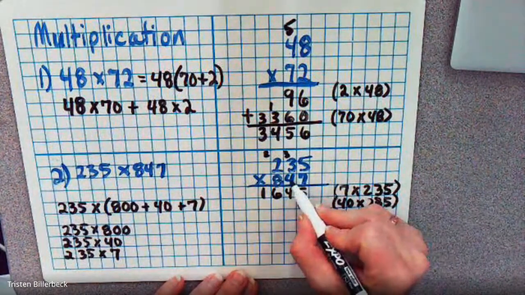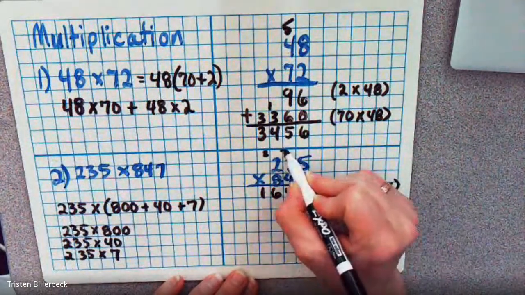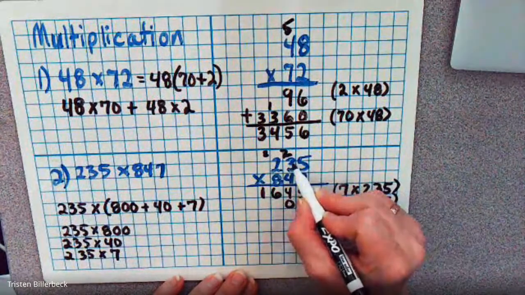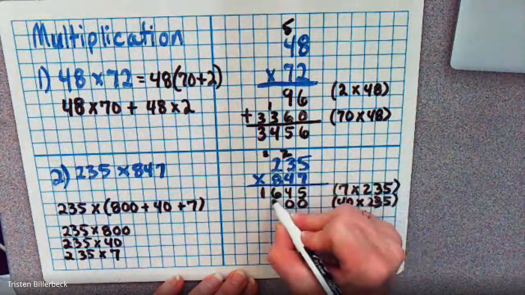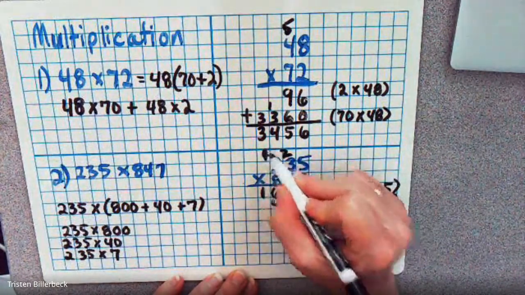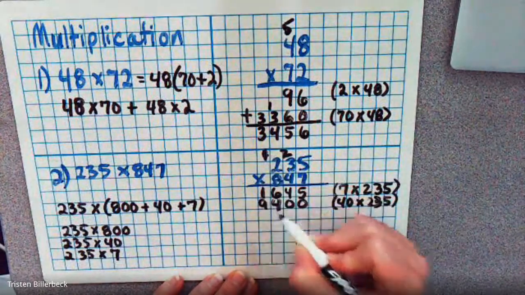And now we'll do 4 times 5 is 20. So we have a 0 here. This is a 2. We're going to carry. 4 times 3 is 12, plus 2 is 14. Carry a 1. 4 times 2 is 8, plus 1 is 9.